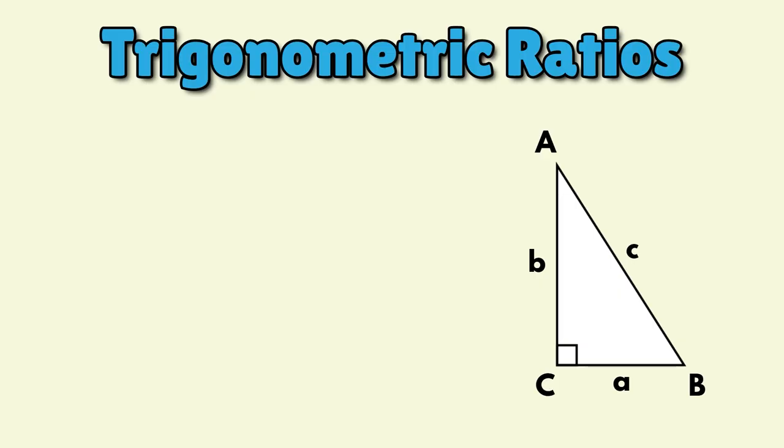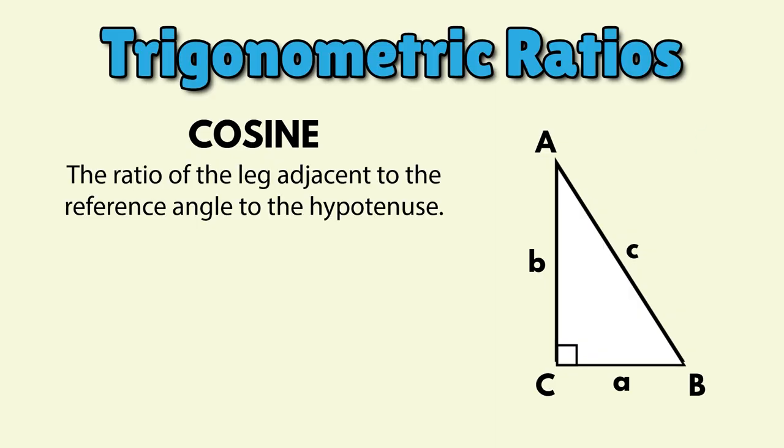Our second trigonometric ratio, or trigonometric function, is cosine. Cosine is the ratio of the leg adjacent to the reference angle to the hypotenuse.